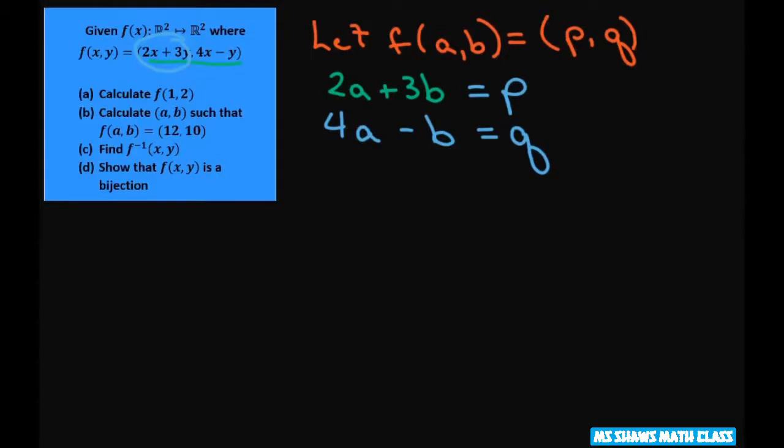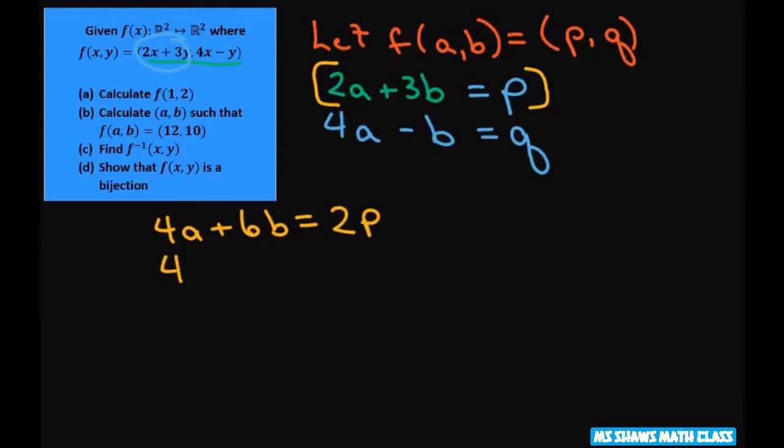And then we basically do the same thing. Multiply the top equation by 2, or you could do negative 2 if it made it easier, but multiply that by 2, you get 4a plus 6b equals 2p.